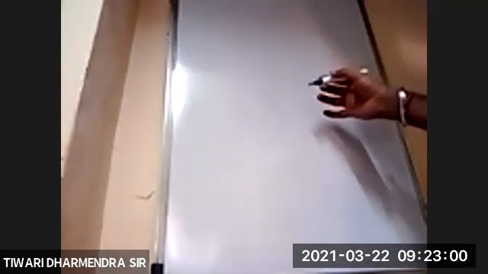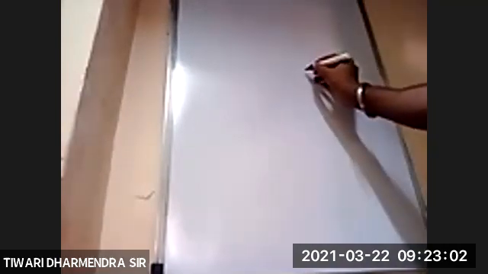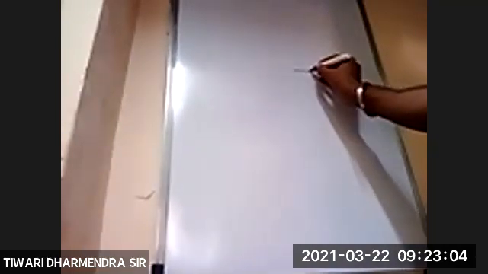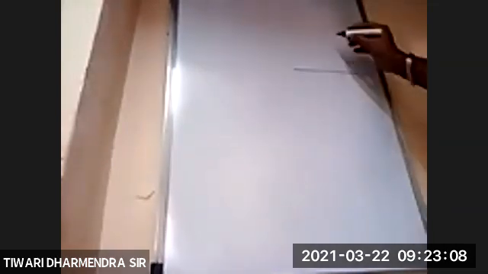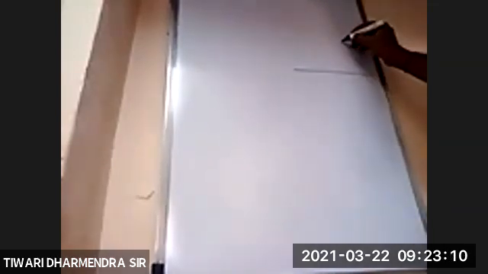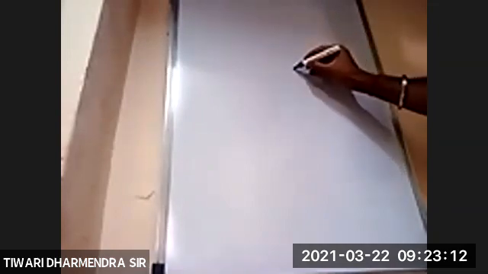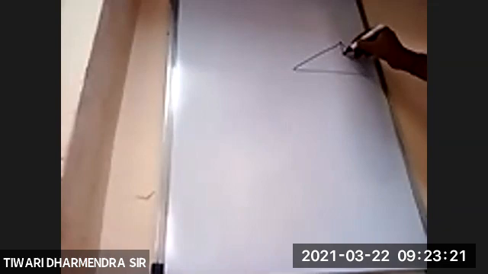So let's see how they have drawn the diagram. They have a triangle of this type, and they have divided it with this perpendicular, so they got two right angles.